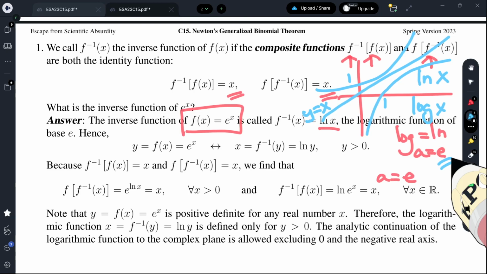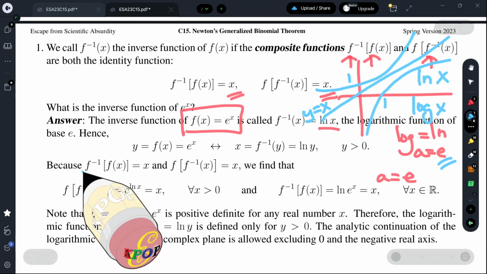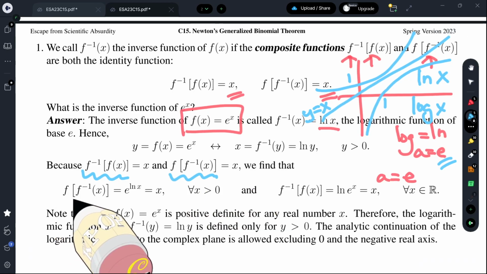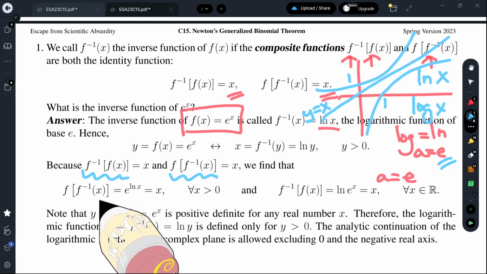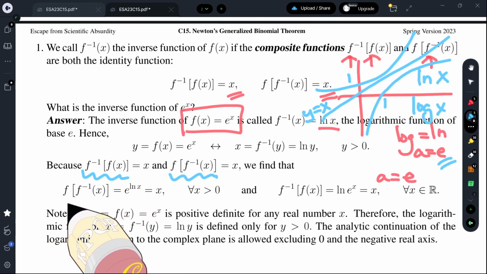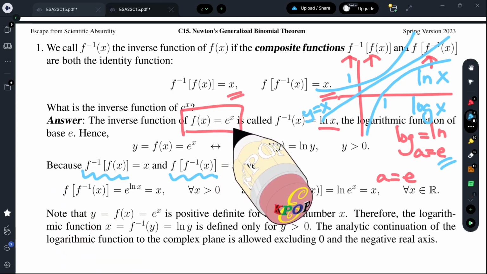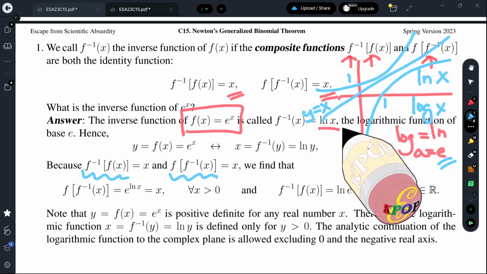In physics, we assume the base is natural, Euler's number. Because these are all identity operations, if we apply the inverse function first and then the original function, here f of x is the exponential and the inverse is the log.